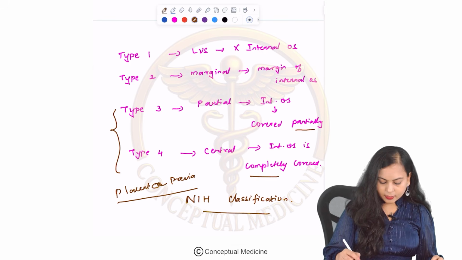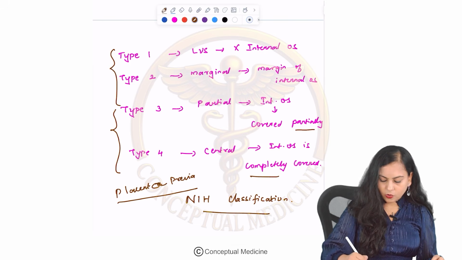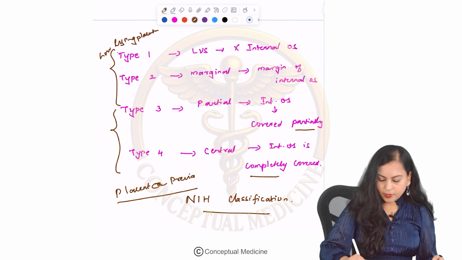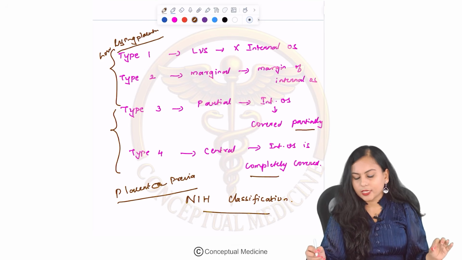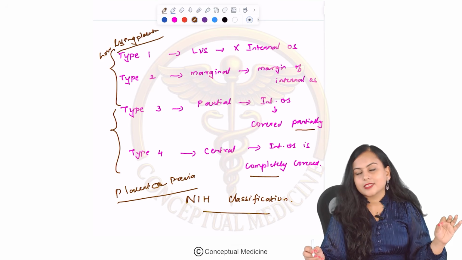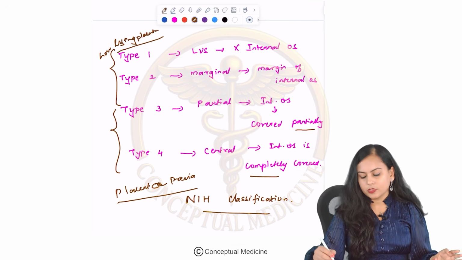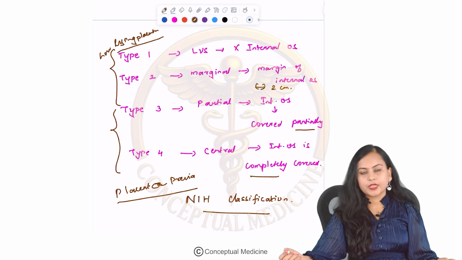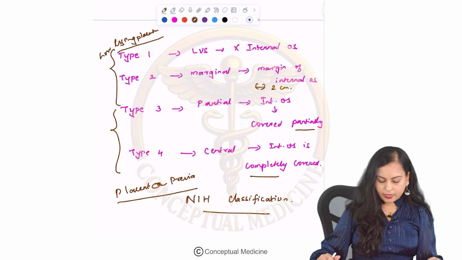And these two other types are taken as low-lying placenta. That means the placenta is touching the internal os, or touching the margin of the internal os, or even 2 centimeters away from the internal os. Can you understand?